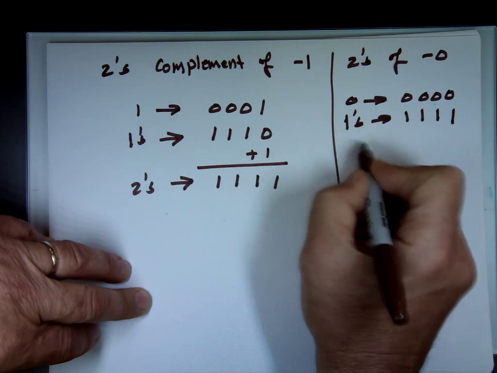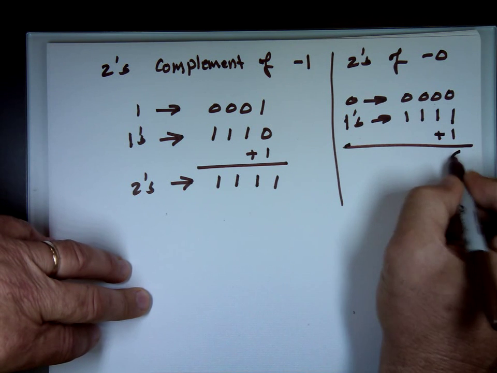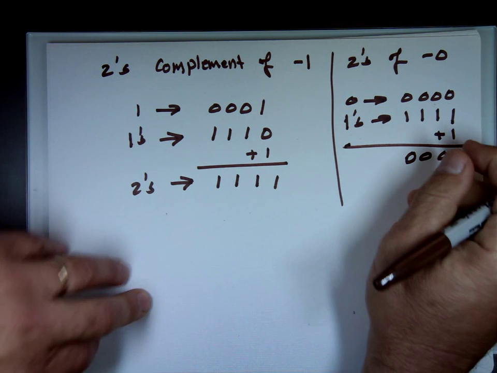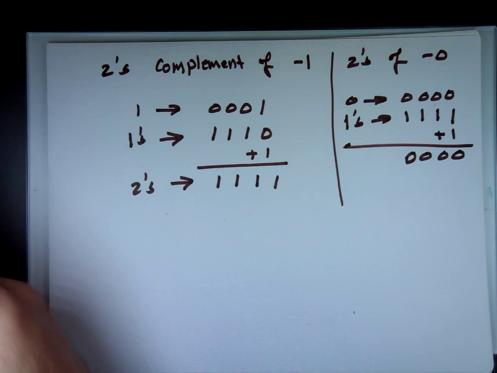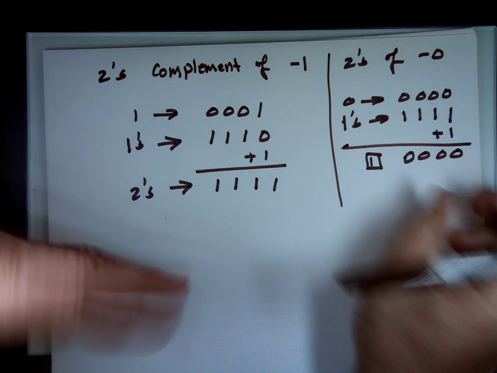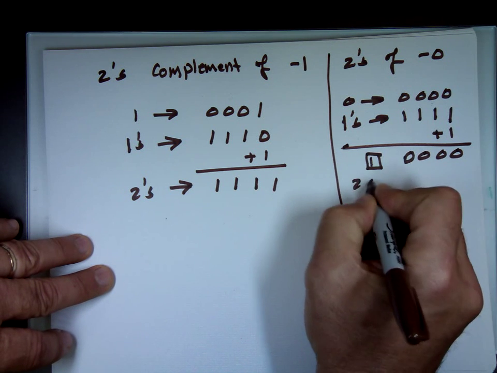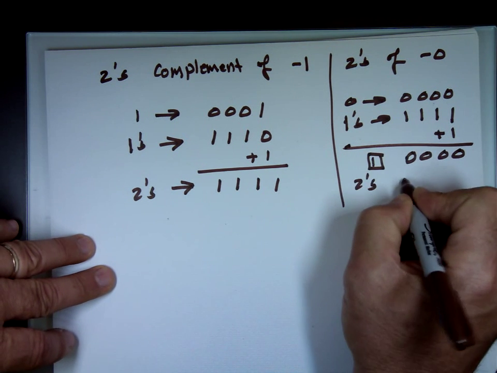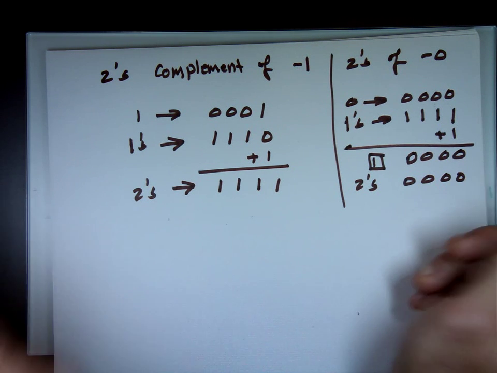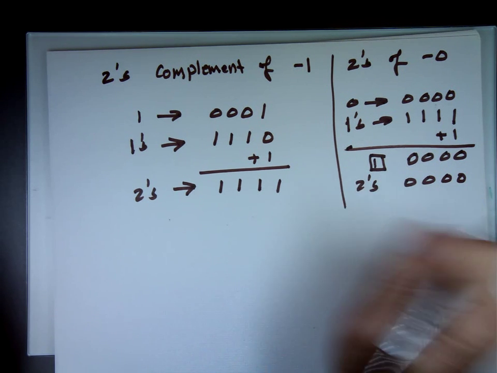Add 1 to it. 0, 0, 0, 0, 0. And we have an extra carry, right? I'm using 4 bits. That carry is gone. So that's the 2's complement. It's 0, 0, 0, 0. Is that because of the fact that 0 is not really positive? -0 and +0 is the same thing. That's why I end up with the same answer.